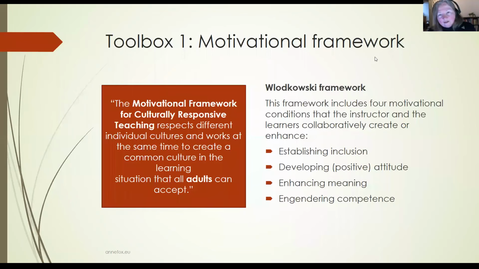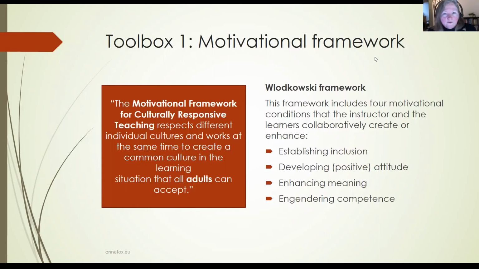Whereas in adult education, and certainly in vocational training, I think we do make more of an effort to link what we're doing with the so-called real world. And then finally, which is really important for adults, is making sure that people become more competent when they leave than when they arrived. So engendering competence is the 4th one.